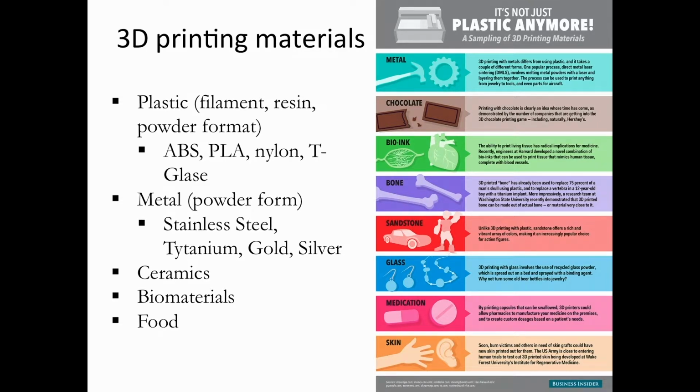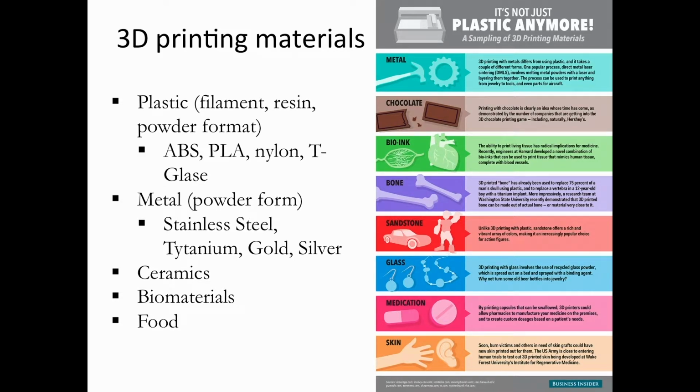Probably the great research in these years is about the 3D printed material. In the past, you could use only plastic. You can use ABS or polylactic acid in order to create a 3D object.